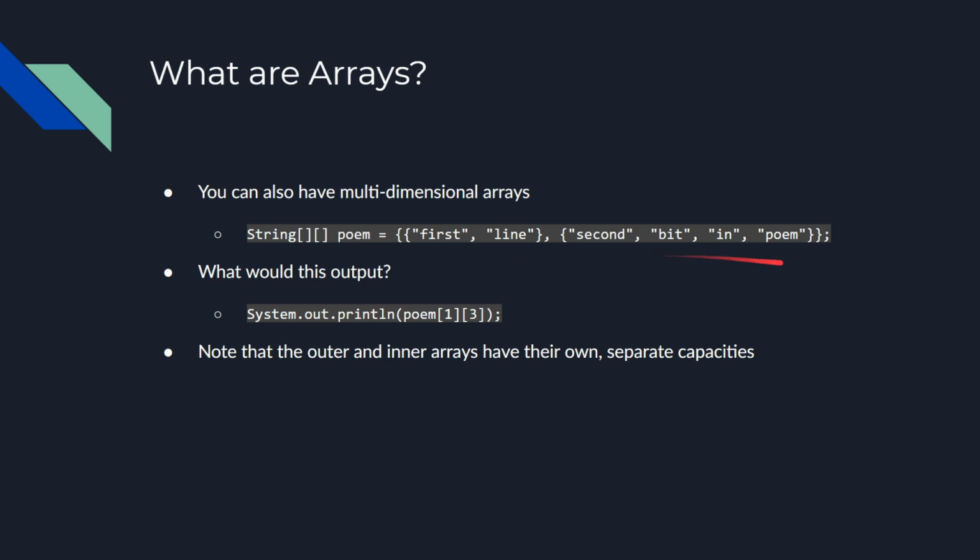So this example is kind of a really poor poem, where each item is a word in the poem, and this first array here is the first line, and the second array here is the second line, and this whole outer array is a collection of all the lines. So this is a semi-practical use of multi-dimensional arrays.